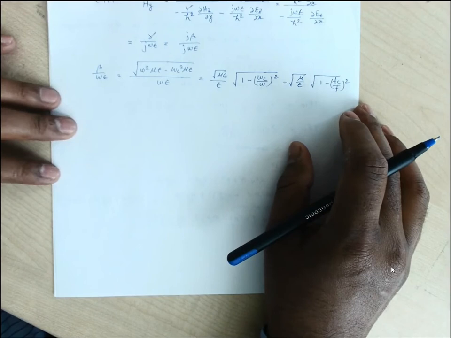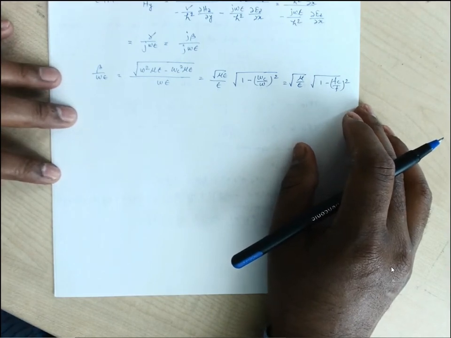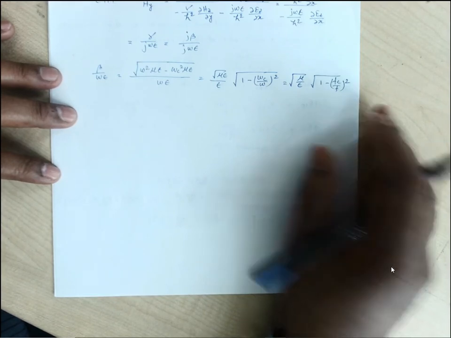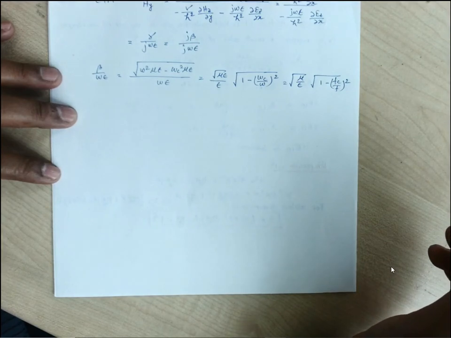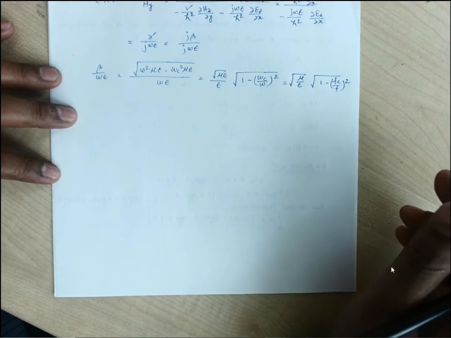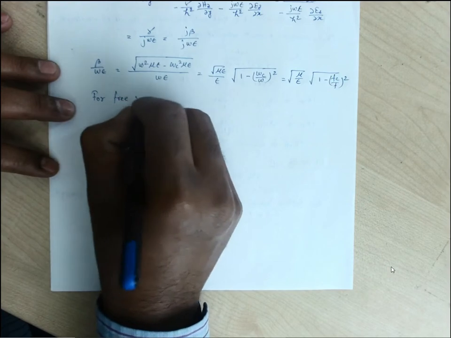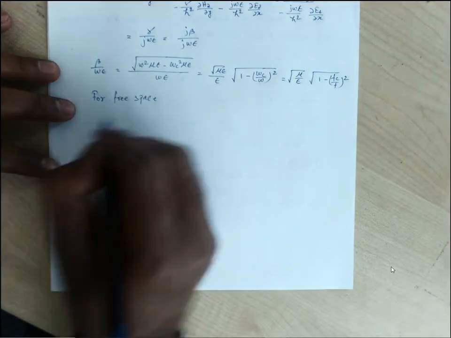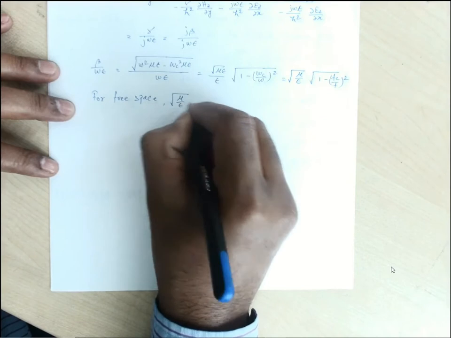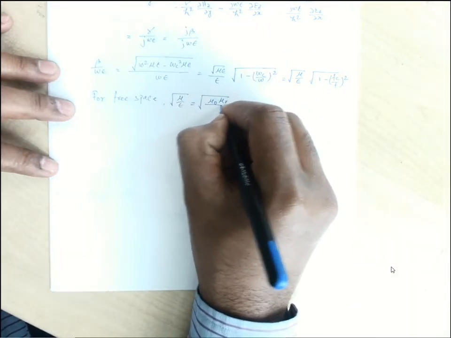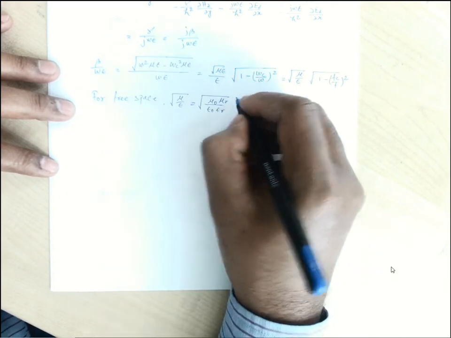Now inside the waveguide, if we are having free space, then this root over mu by epsilon will give us the free space intrinsic impedance, which is 120 pi or eta naught. So for free space, root over mu by epsilon will be root over mu naught mu r by epsilon naught epsilon r.